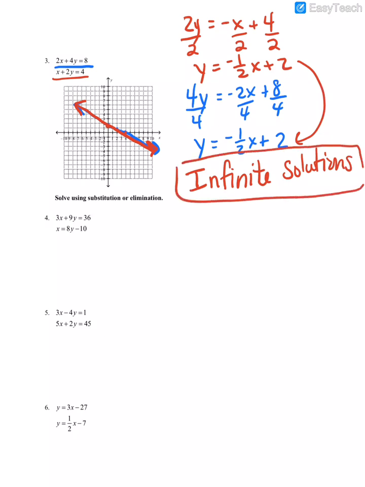All right, number 4, solve by using substitution or elimination. Really, it has to depend on what the problem looks like. If a variable is all solved for itself, then I'm probably going to use substitution. So x is by himself, so I'm going to replace the x in 3 with 8y minus 10, distribute.